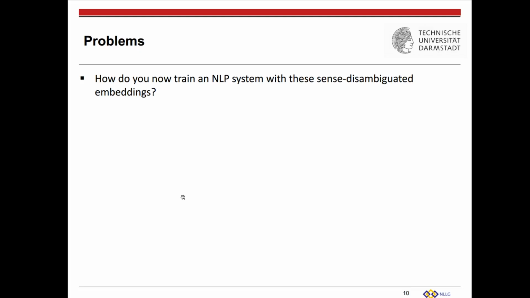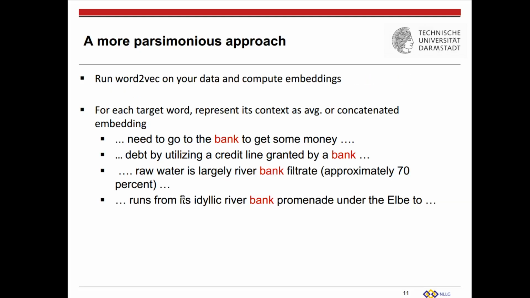And then the second question is, how do we train an NLP system with these sense disambiguated embeddings? So what is the problem that we are facing?